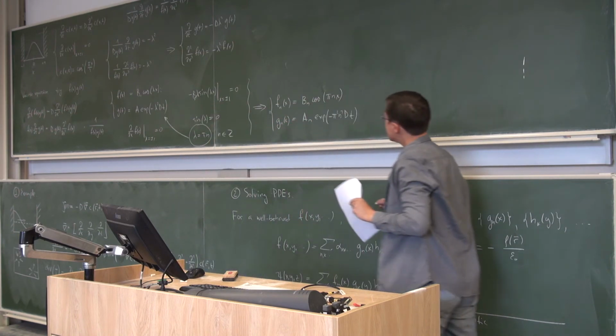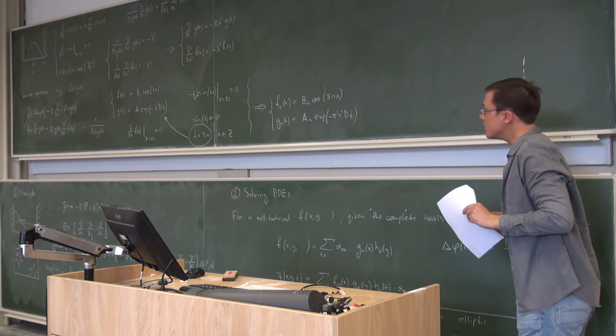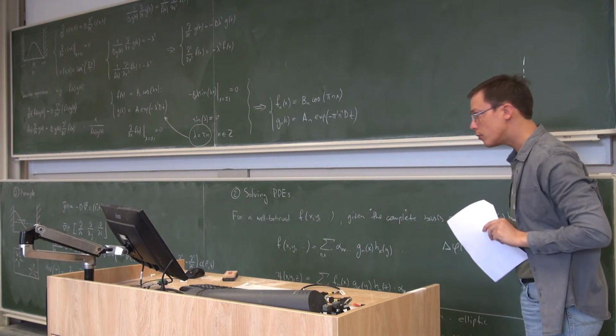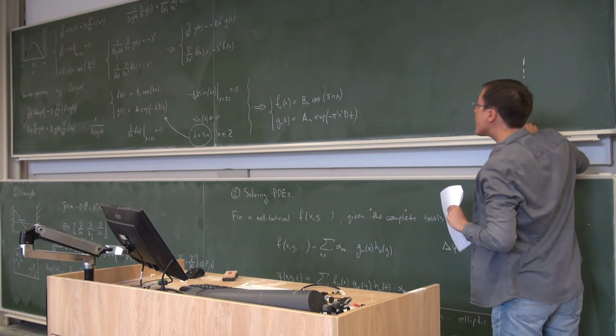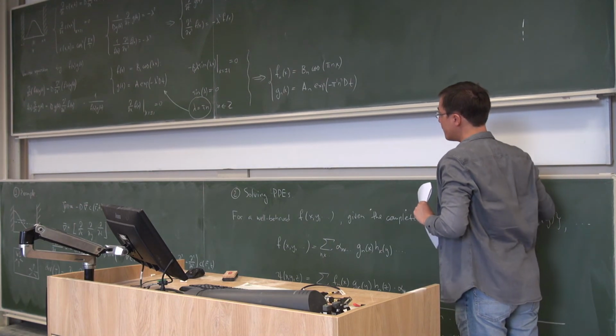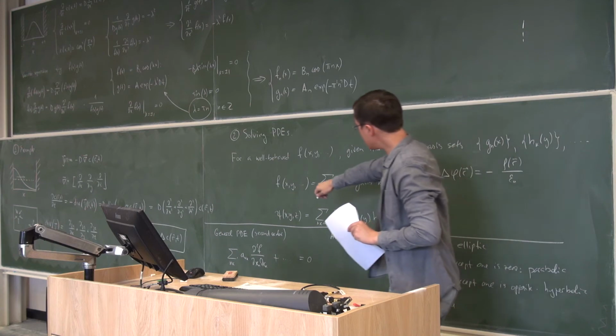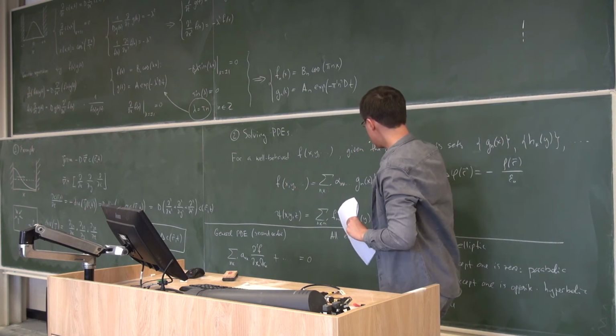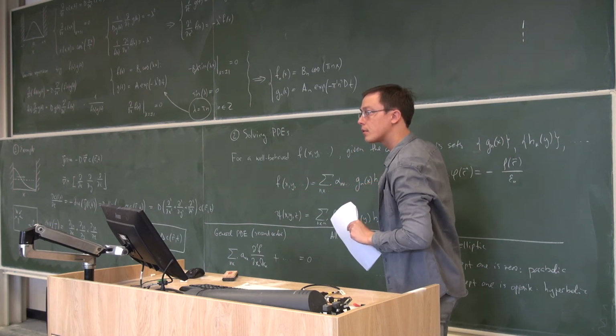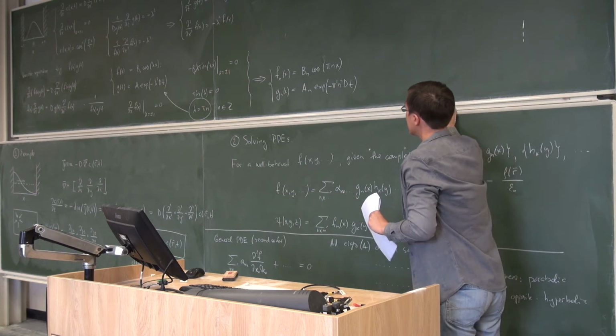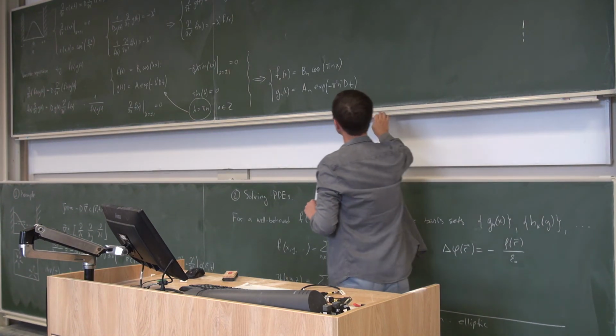Well, that's nice because we have found the individual components of our solution, and what now kicks in is this statement here, that the general solution is actually a linear combination of those products. So write the general solution from here.